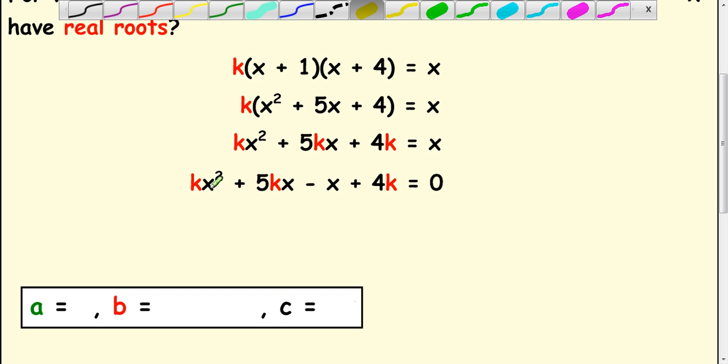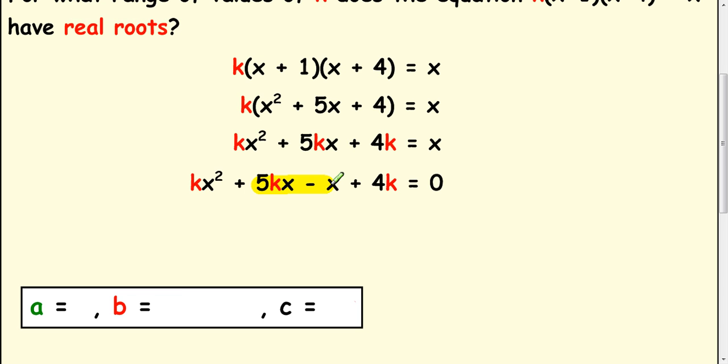Now, to get a value, you just look at that. We've got k here. That's going to be a. To get b, the coefficient of x, we need to do one more thing. So we look at this bit and we think, we've got 5kx, take away x. We can take a common factor of x out to leave us with the coefficient. So we'll do that in the next line.